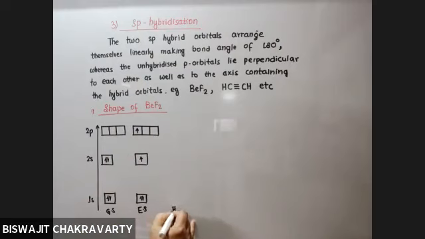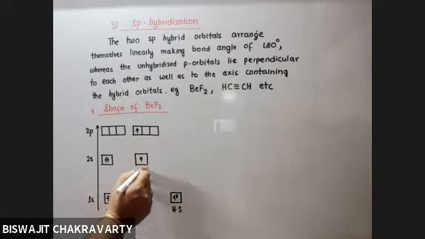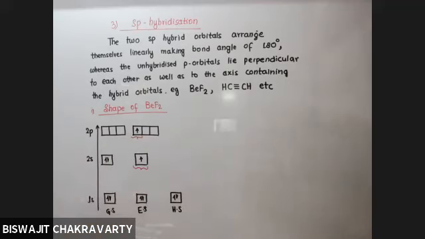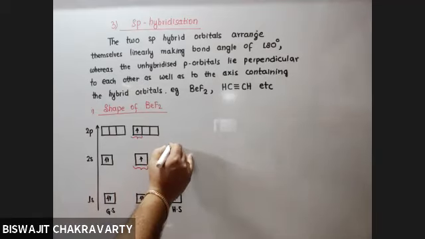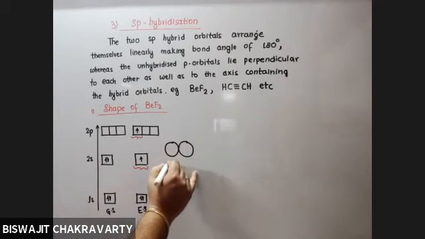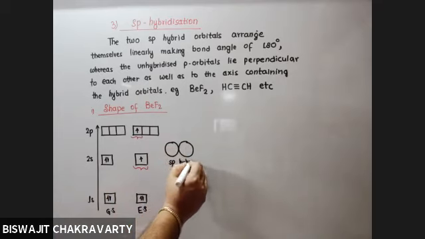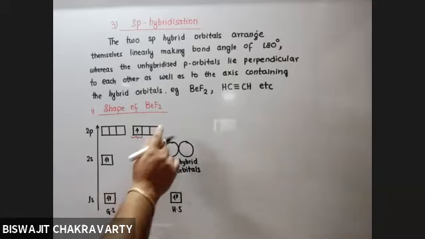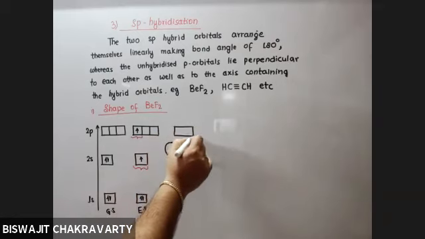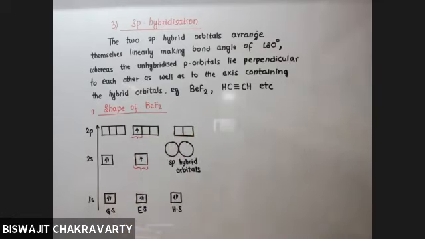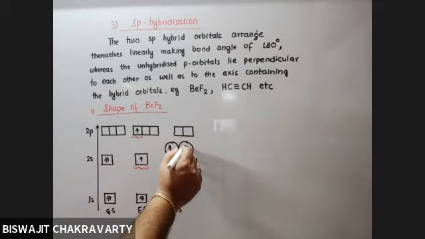And in the hybridized state, this s is going to intermix with any one of the p's, preferably the one with the unpaired electron, and therefore a total of 2 hybrid orbitals will be produced, which we call sp hybrid orbitals. And 2 of the p orbitals did not take part in hybridization, so they remain as they are. And the electrons present in these pure orbitals will be equally distributed.